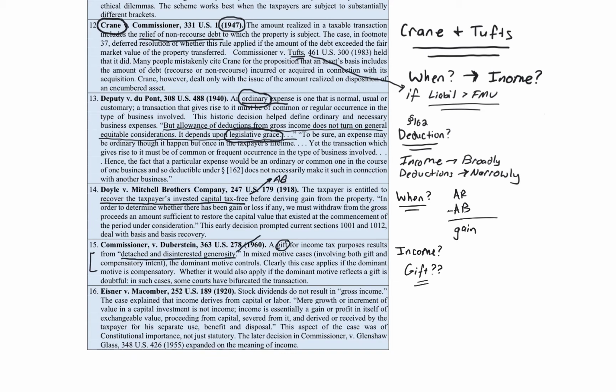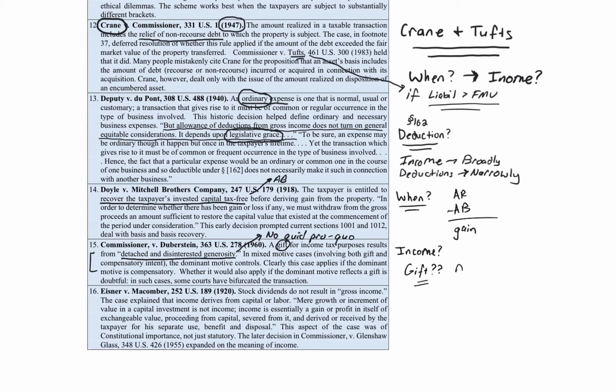So we're saying there is no quid pro quo. No this for that. If you're getting something in return, even if it's past, present, or future, it can't be a gift. Detached and disinterested generosity out of things like love, affection, and like impulses. Also, the opinion determined that we're going to focus on the intent of the donor.